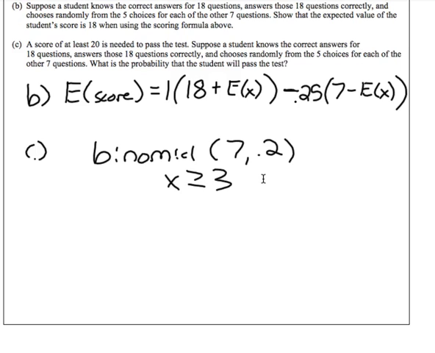Because this is a binomial distribution. We just got finished talking about in that bird flu one, though, that really what you need to figure out then is the opposite of that, right? The opposite of being greater than or equal to 3 is being less than or equal to 2.